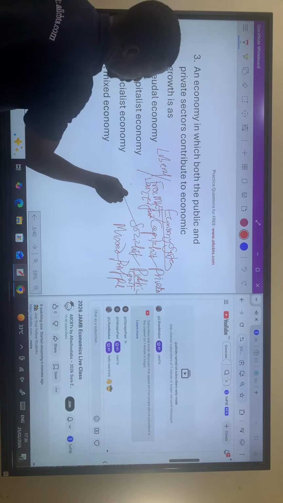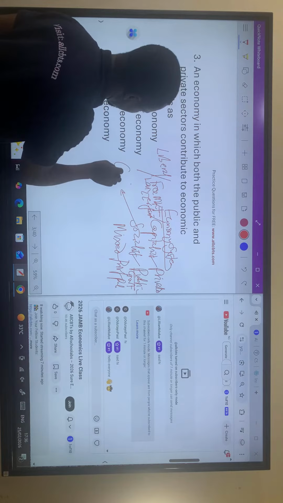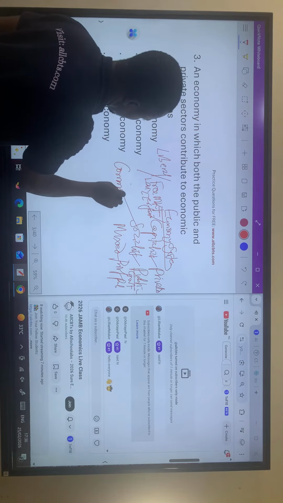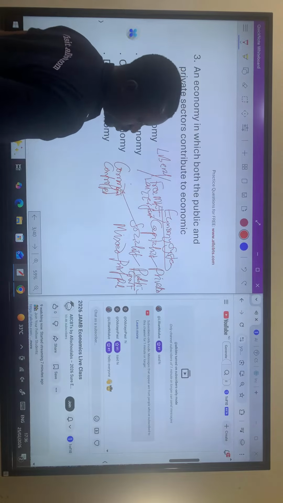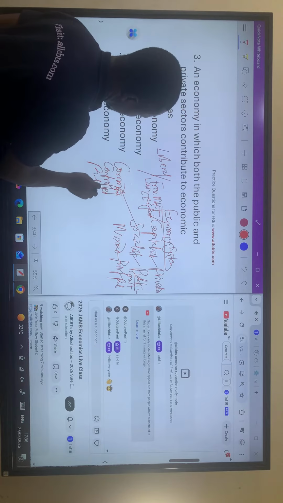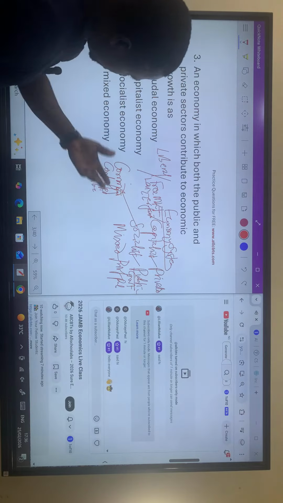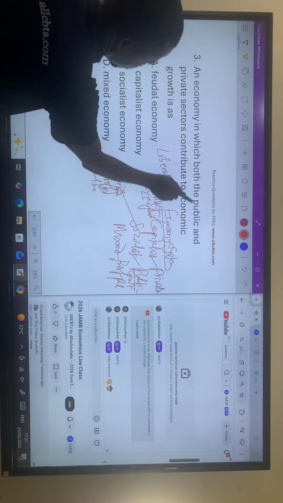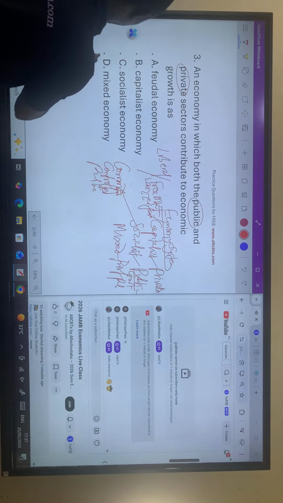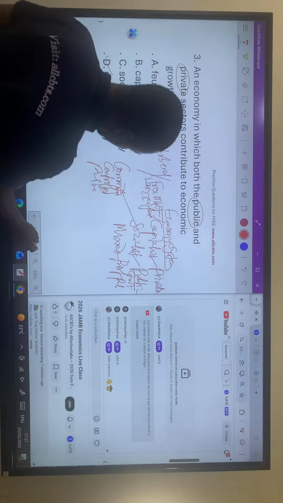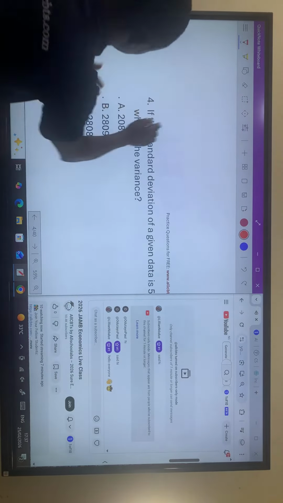While for socialists, we call it command economy. We also call it controlled economy. Who is commanding? Who is controlling? The government. Public economy. And the mixed is, of course, mixed. So when both public and private sectors contribute, what do you call it? We call it mixed economic system, option D. The next question.